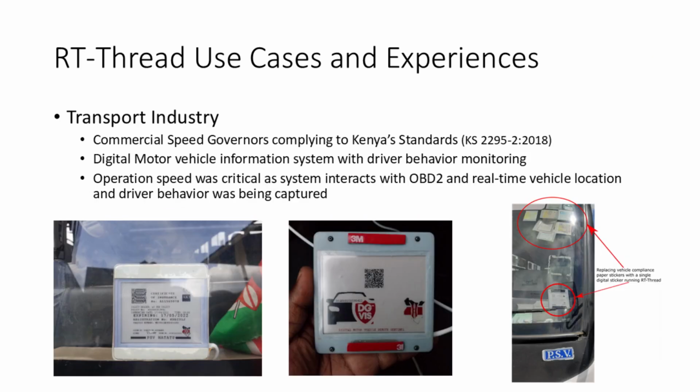The next major use case that we have had is in the transport industry. So I've already explained about the commercial speed governors, which we were able to deploy with RT-Thread. And the other thing was a digital motor vehicle information system that was required to replace the insurance stickers.